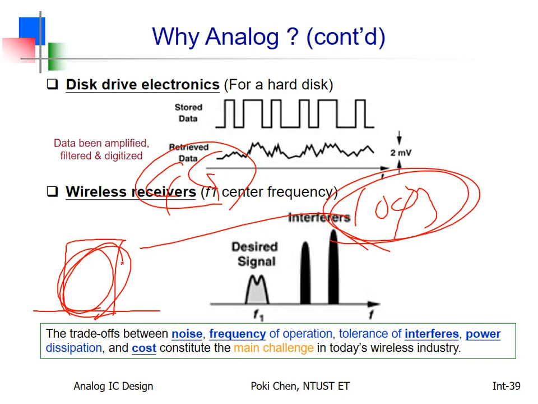So the companies need to make money from you, right? Each time they only allocate a very small band for you. You need to share with each other. This is my very small band, and that is your very small band.